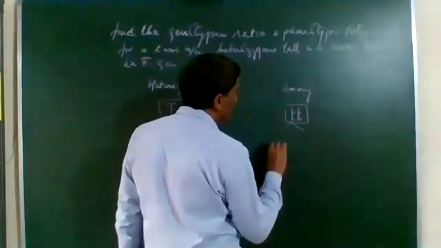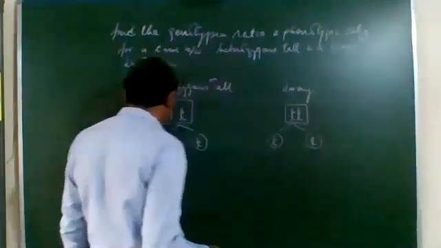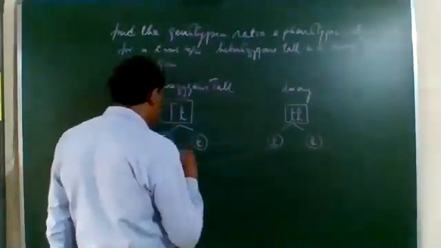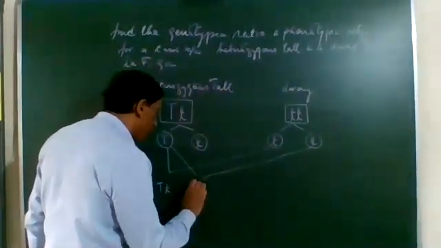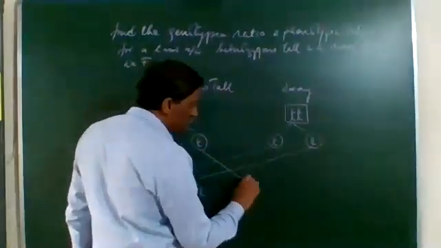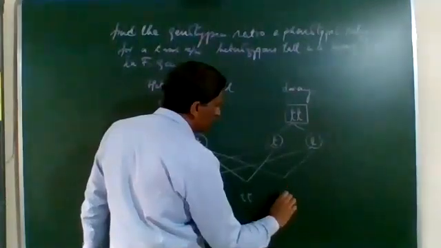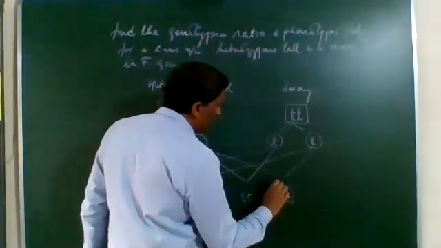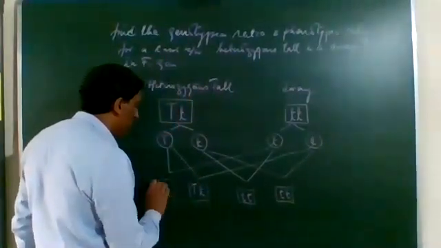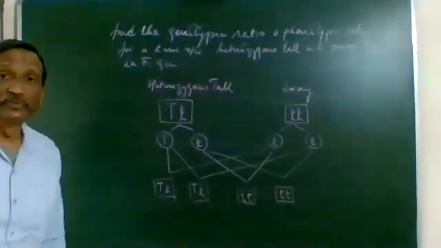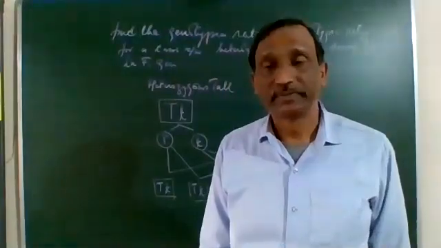Now when this fuses with this, the result will be capital T and small t. When this fuses with this, the result will be small t, small t. So we will have 50% tall plants and 50% dwarf plants.